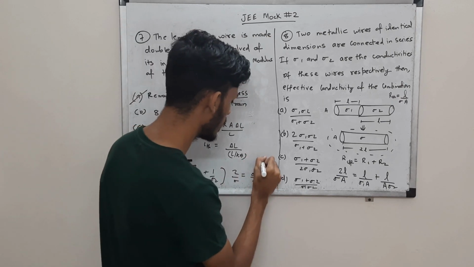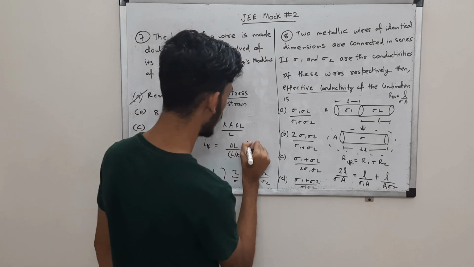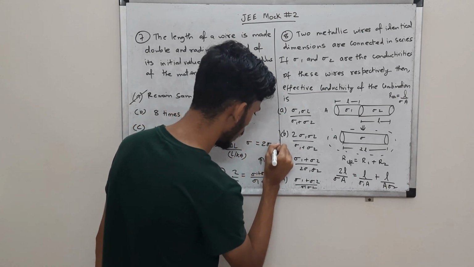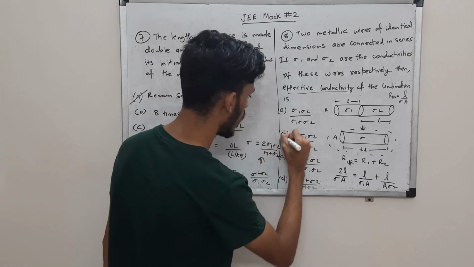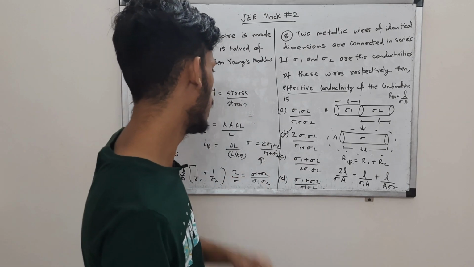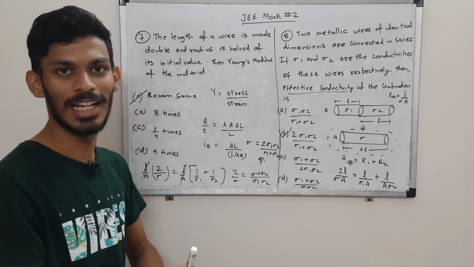What will be sigma? Sigma is what we are supposed to find in our question, the effective conductivity. So sigma is given as 2 sigma 1 sigma 2 upon sigma 1 plus sigma 2, which is option B. So that's question 8. Let's move to the next set of questions.